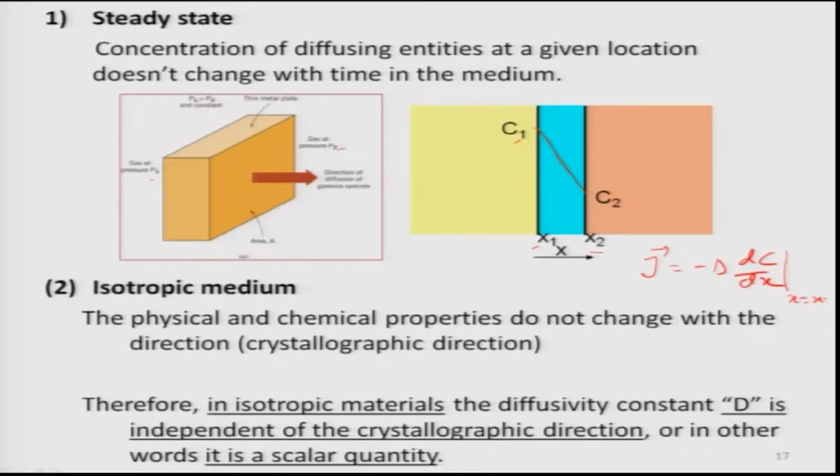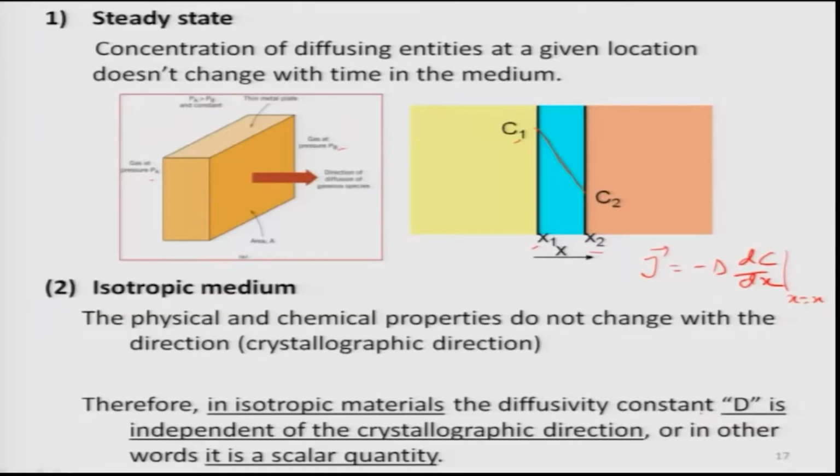But this derivation comes after making certain assumptions, and we always assume an isotropic medium, that means the physical and chemical properties of this system, the thin metal plate, do not depend on the crystallographic directions, it is all the same. It is an isotropic system. Therefore, in an isotropic material the diffusivity constant D is also independent of the crystallographic directions.